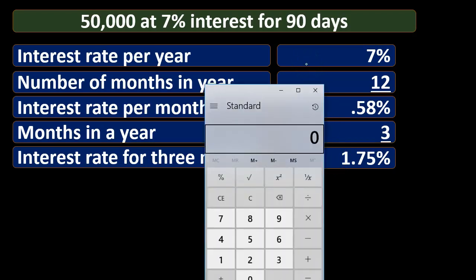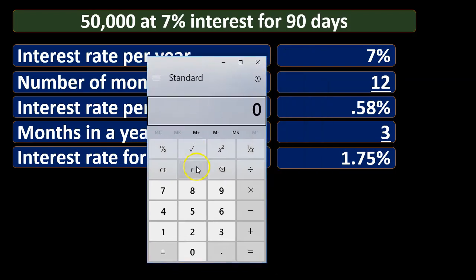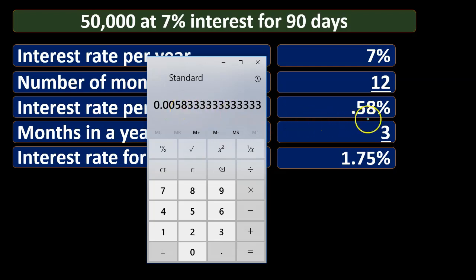So in other words, if we take a look at this, we have the interest rate 0.07 for a year divided by 12 gives us the interest rate per month. If I move the decimal point over, it's 0.58333. This is rounded.